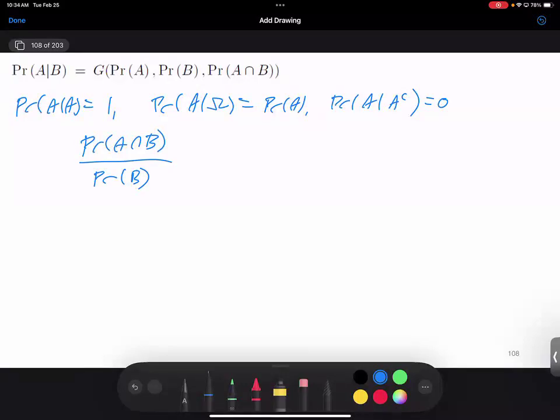Well, we're trying to find a formula for the probability of A given B using the probability of A, probability of B, probability A intersect B. What about that? So this is a nice candidate. I'm not saying it's wrong. I'm just asking, do we want the probability to be in the denominator or the numerator?